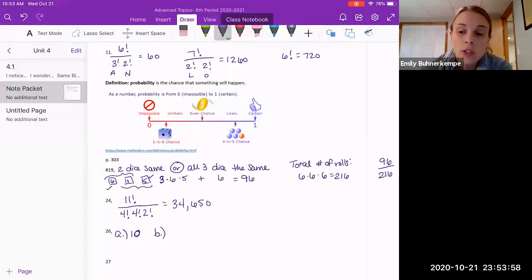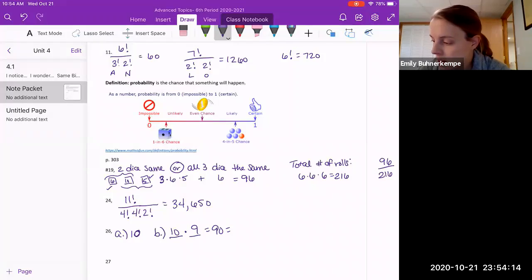Question B asks for a 2-digit number. Well, you have 10 different digits you could select for the first one, and we're not allowed to repeat digits, so then you would have 9 for the next one. Another way of thinking about this would be 10 permute 2, 10 digits and 2 places to put them.